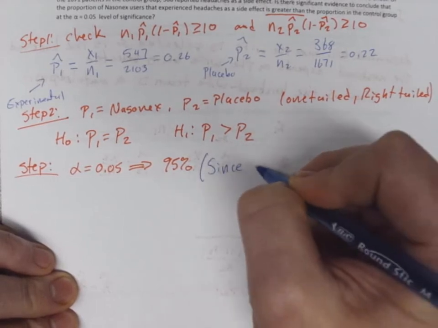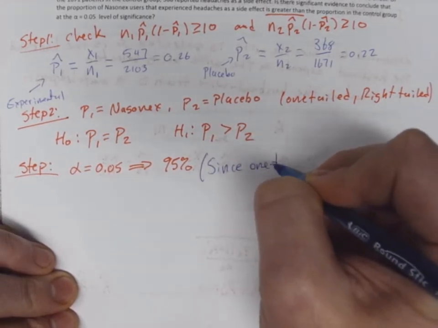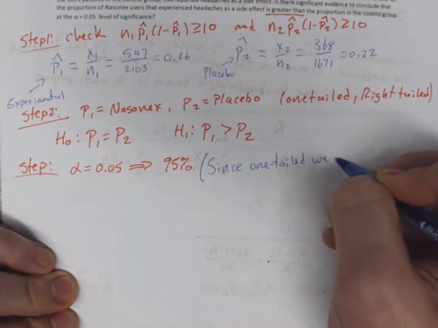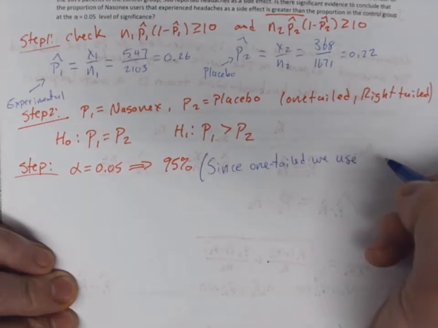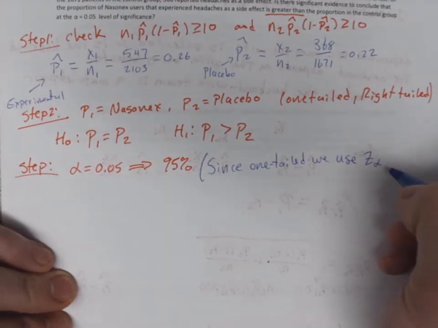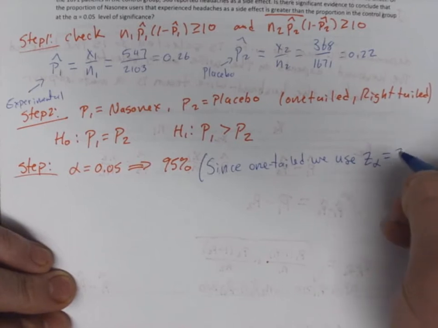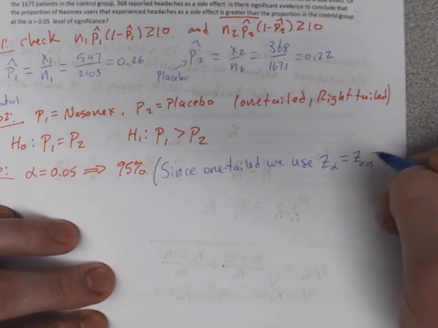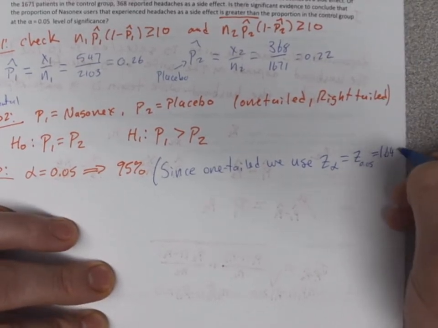Since it's one-tailed, we use what? Remember, if it's one-tailed, we use Z alpha, and if it's two-tailed, we use Z alpha over 2. So since we know alpha is 0.05, that gives us a critical value of 1.645.